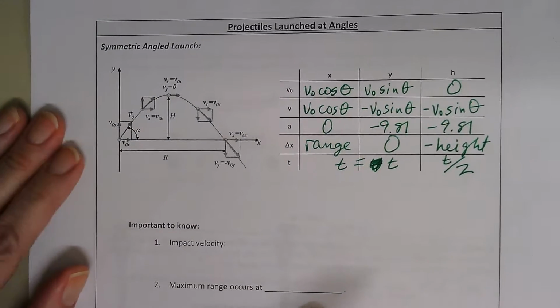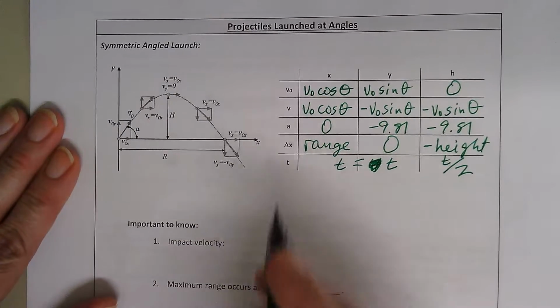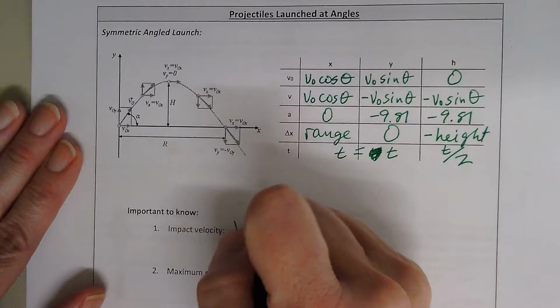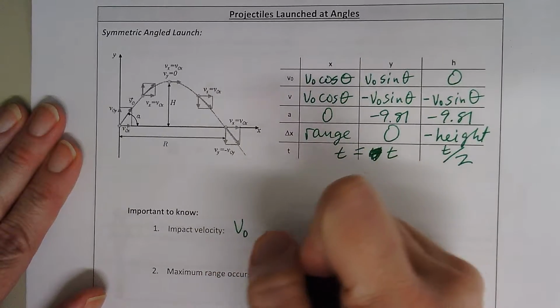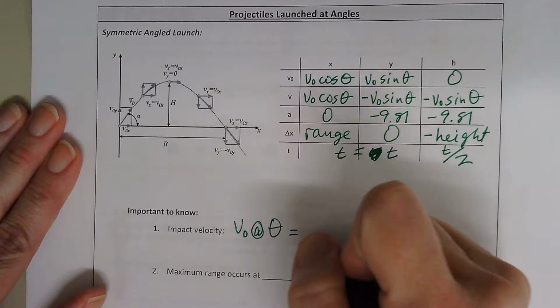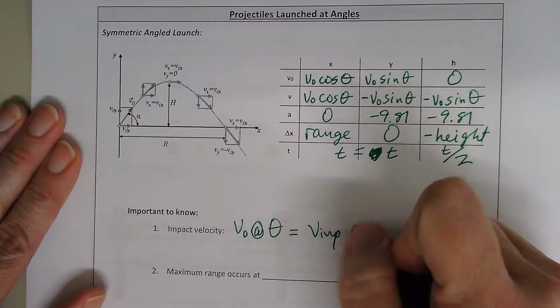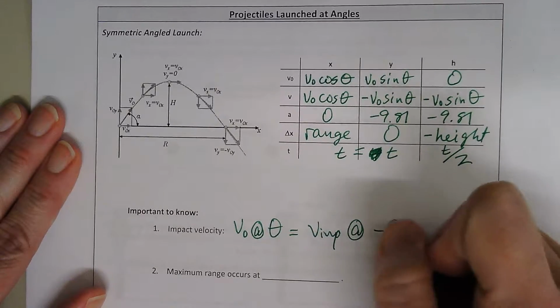so it's important to note that the launch velocity, the velocity of the launch at whatever angle theta you have, is equal to the impact velocity at negative theta.